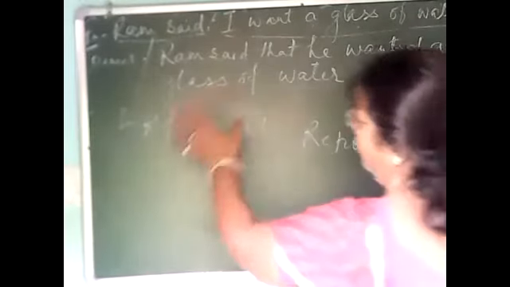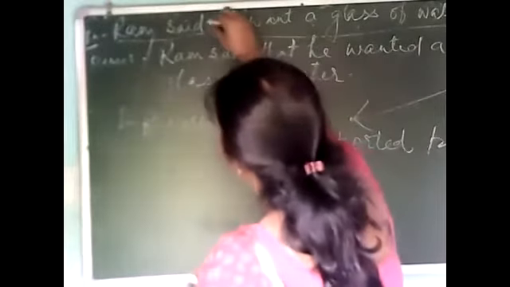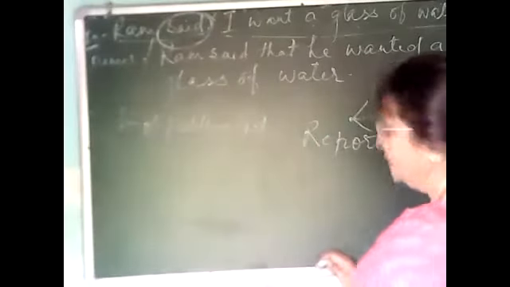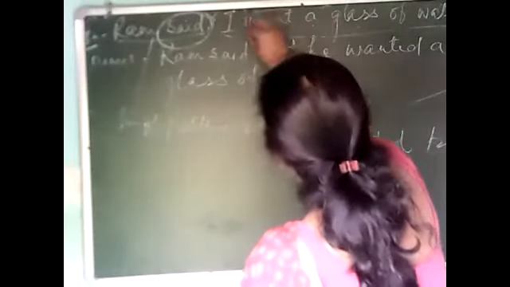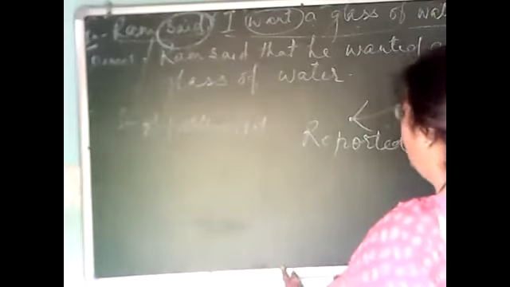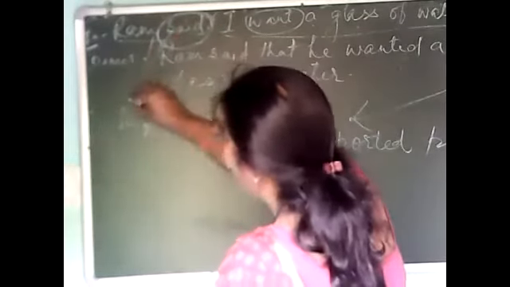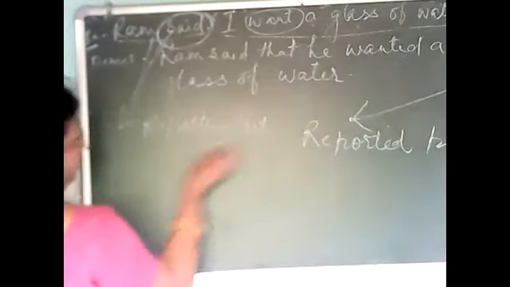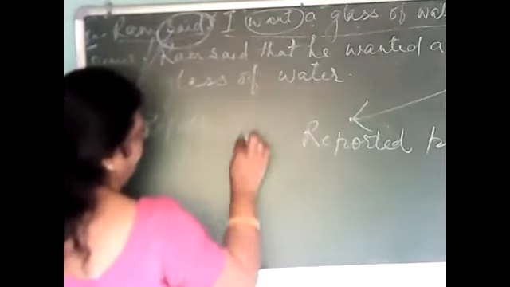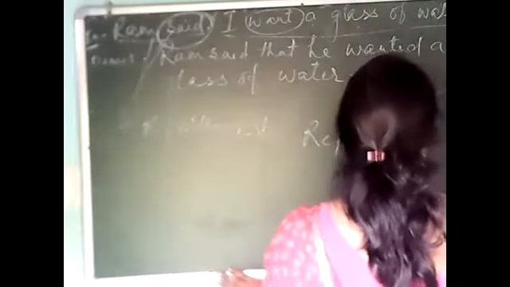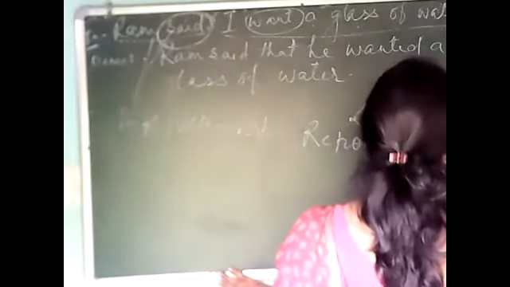There is a verb in reporting part, and one verb in reported part also. So, this verb is reporting verb, and this is reported verb. Clear?